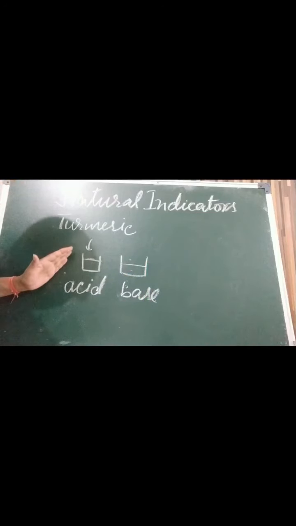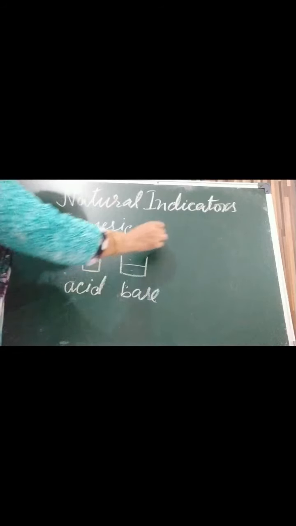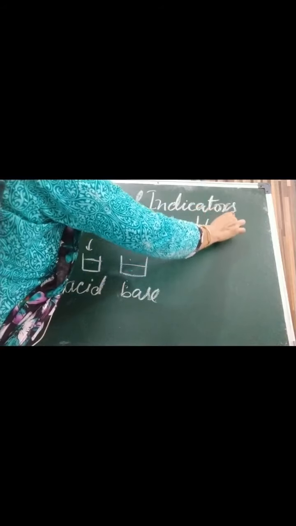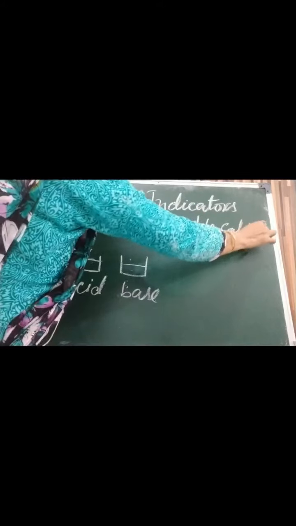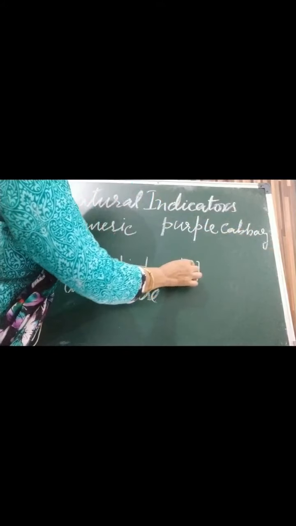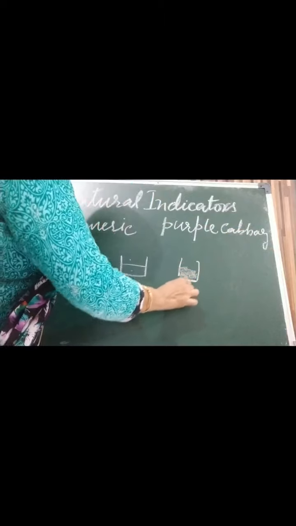Same way, cabbage juice will change to deep red with acid. Suppose we are using purple cabbage juice. It will turn with the acid. This I told you. We have taken lemon.